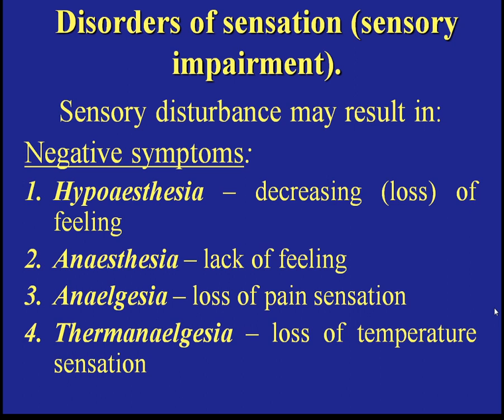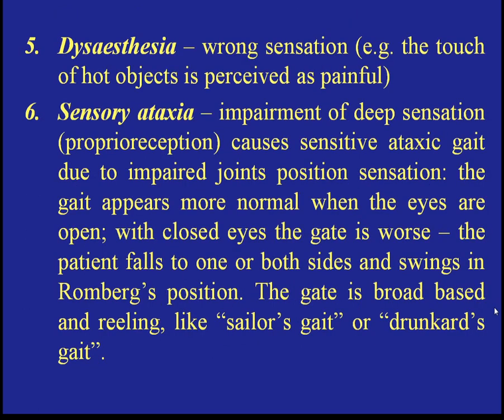Anesthesia, we can say in Latin, anaesthesia, in English, anesthesia, lack of feeling. Analgesia, loss of pain sensation. Thermanesthesia, loss of temperature sensation. Dysesthesia, wrong sensation. For example, the touch of hot object is perceived as painful.